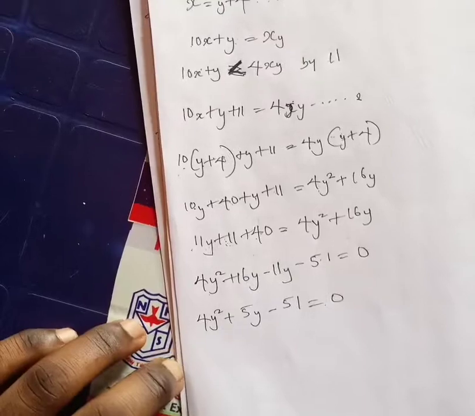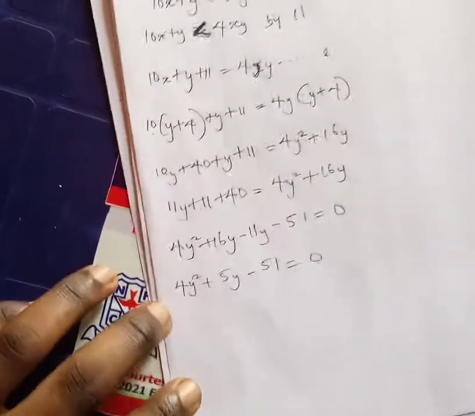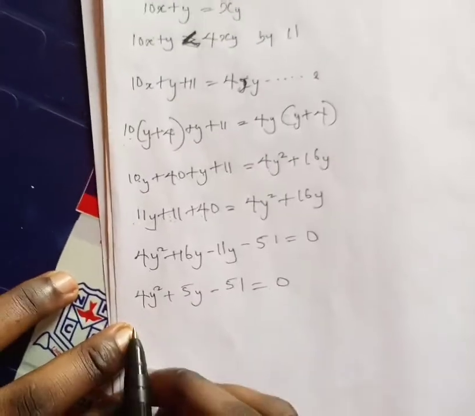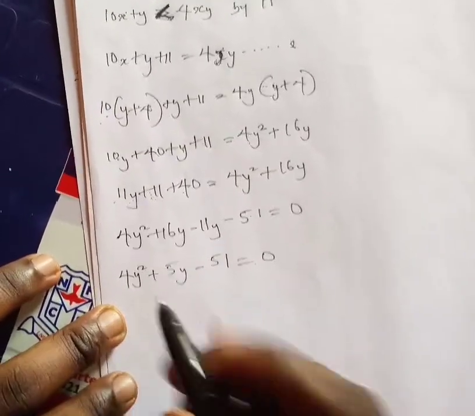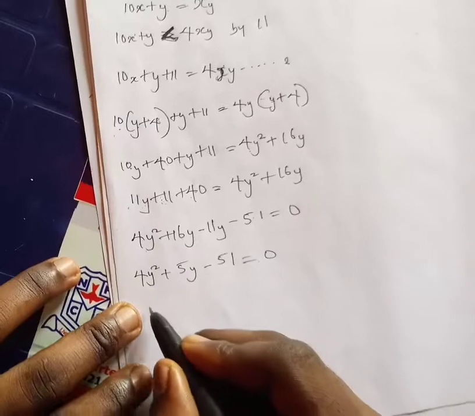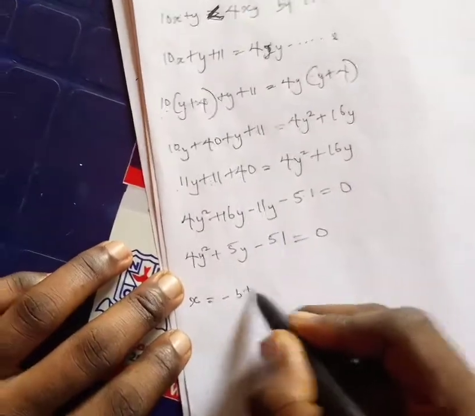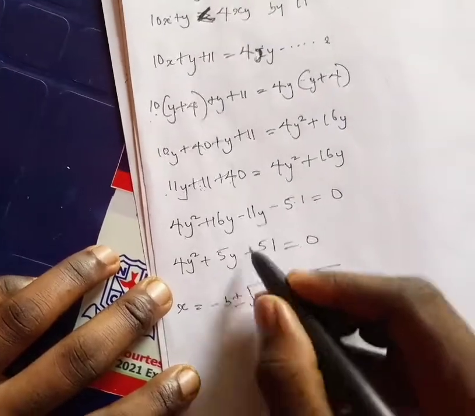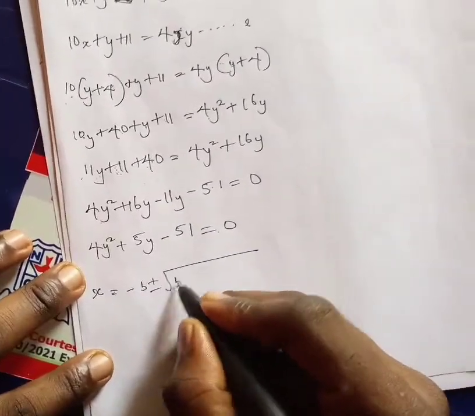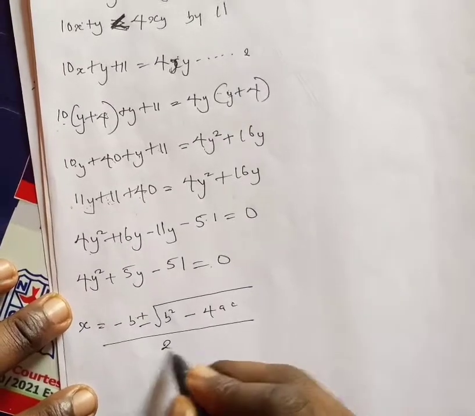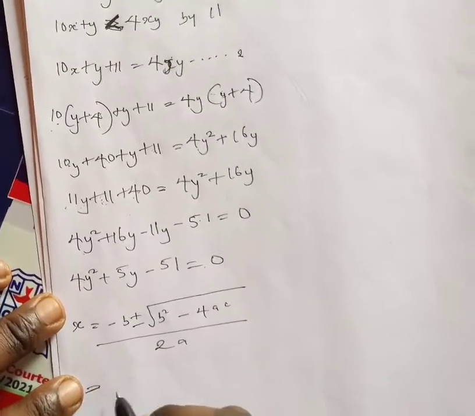So from here, I can apply the quadratic formula, and I will say that y is equal to minus b plus or minus the square root of b squared minus 4ac, over 2a.